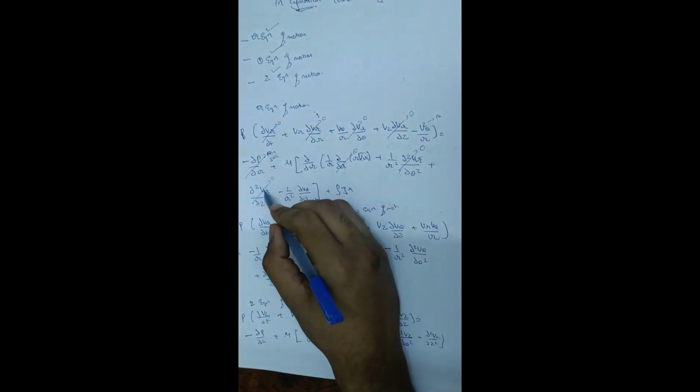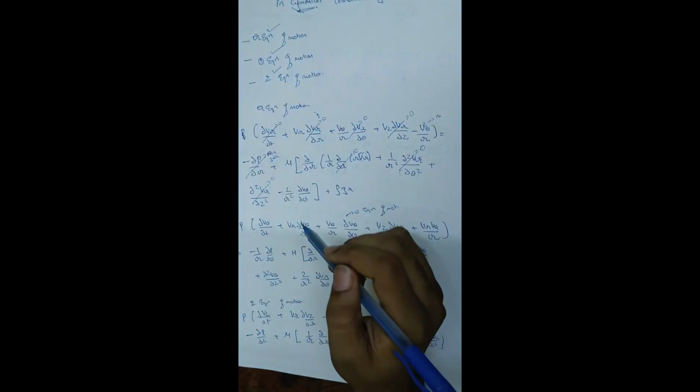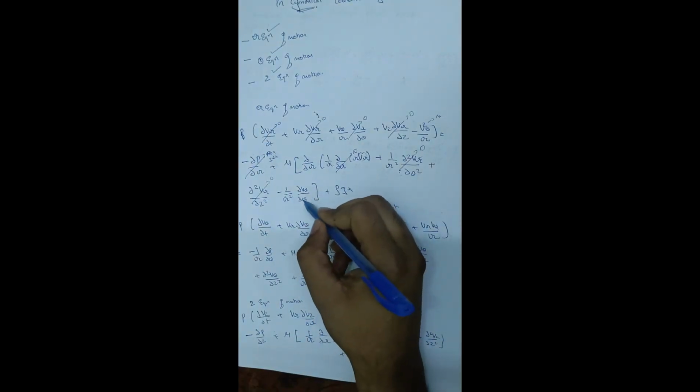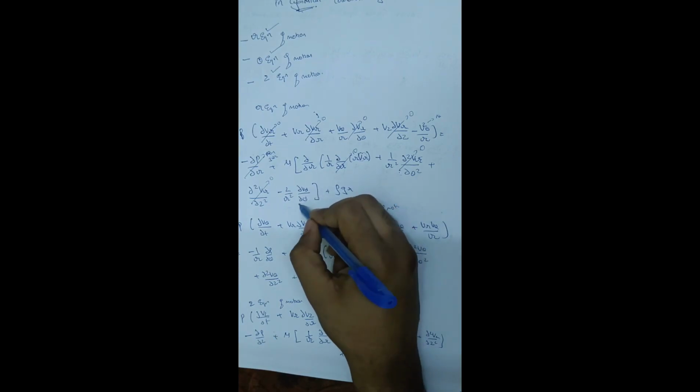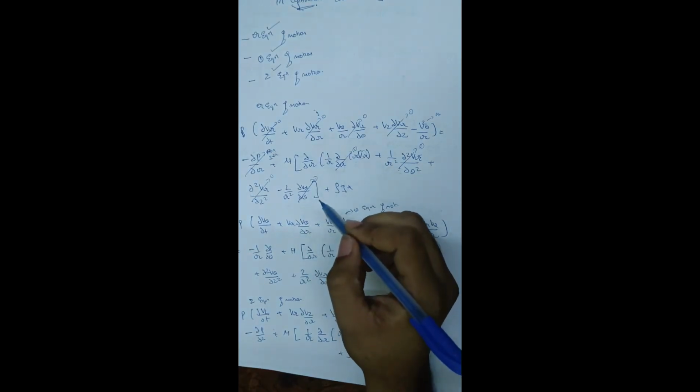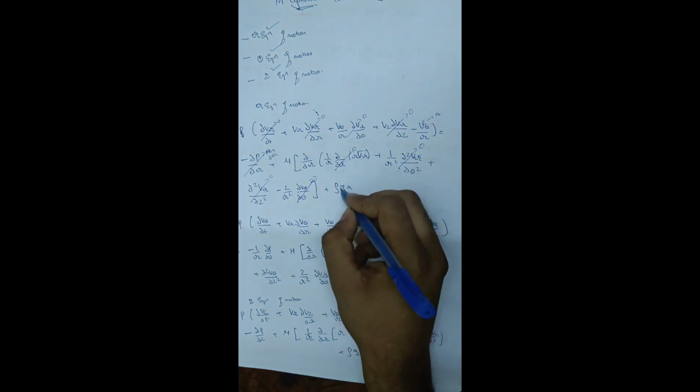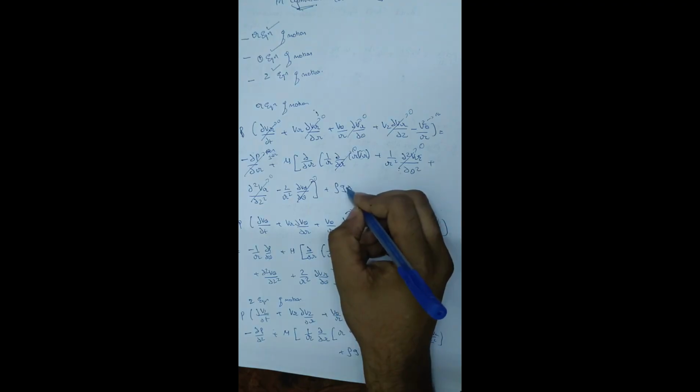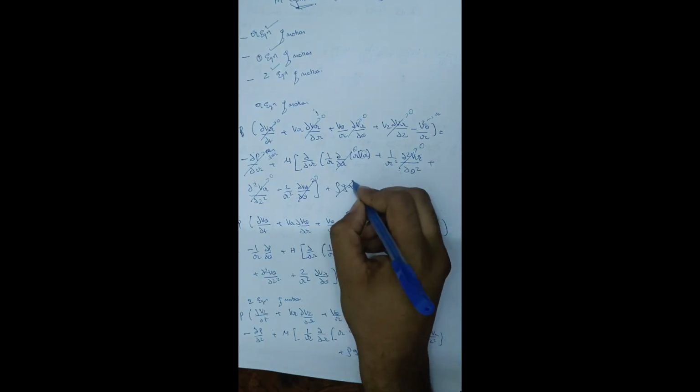The term dou square Vr by dou z square is 0. And v theta is a function of r, so dou v theta by dou theta is also 0. We don't have g r in this direction, so that is also 0.